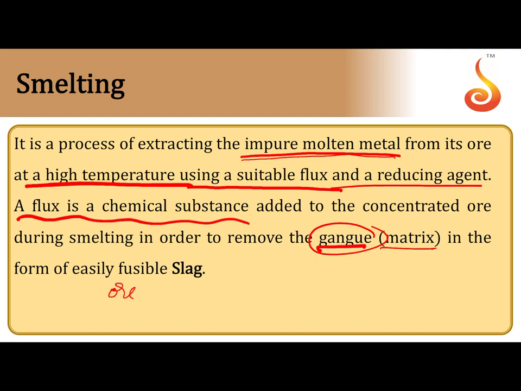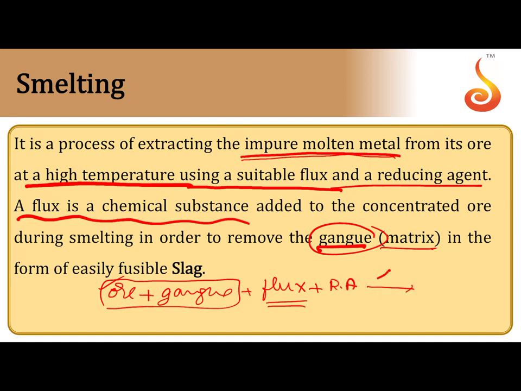So, the ore which contains gangue, to this flux is added. Flux may be acidic flux or basic flux, that depends on the ore, and a reducing agent, heated to high temperature like in a blast furnace. At this time the ore gets reduced to metal in molten state.